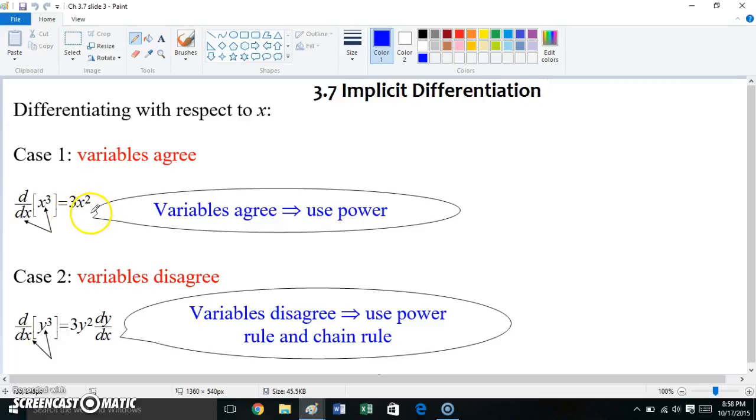So 3x squared. Okay, if the variables disagree, so if I have the expression y cubed, but I want to differentiate with respect to x, then here's where I must apply the chain rule. So I'm using the power rule. The derivative of y cubed is 3y squared, but then I'm multiplying by the derivative of y with respect to x. That part I've applied the chain rule.